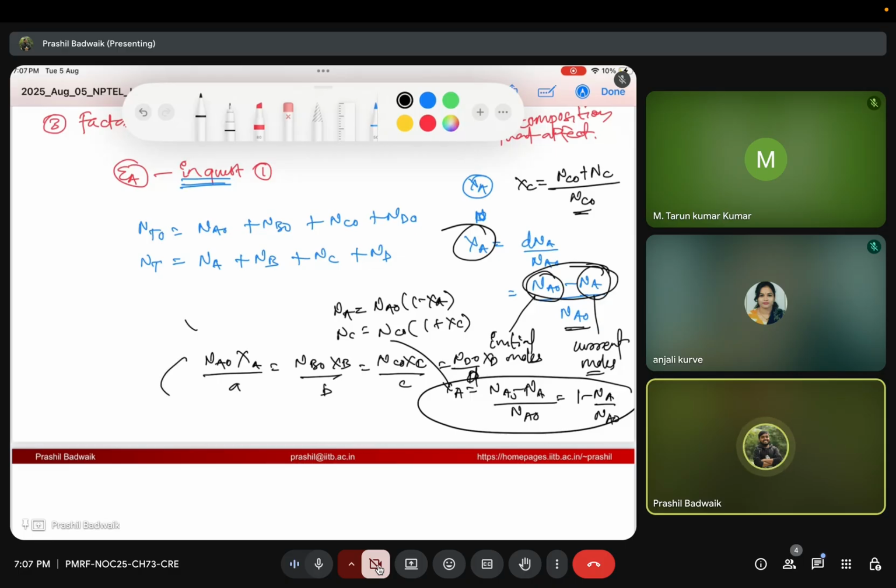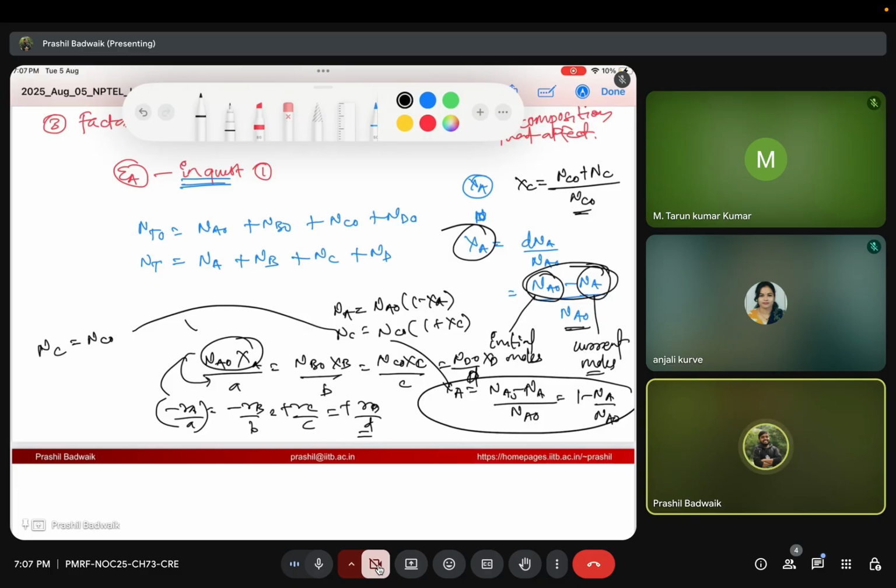Minus ra by a is equal to minus rb by b is equal to rc by c is equal to plus rd by d, right? From this equation you get what is converted per unit stoichiometric coefficient, correct?